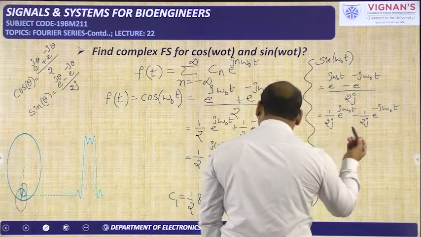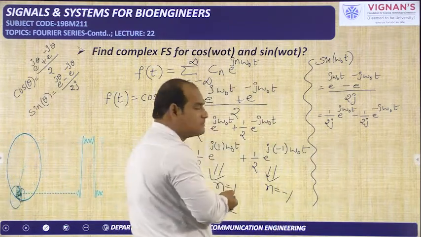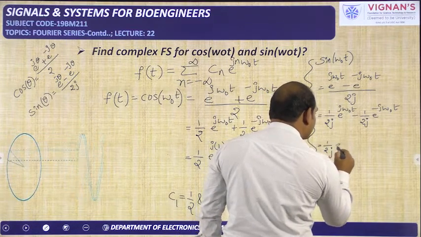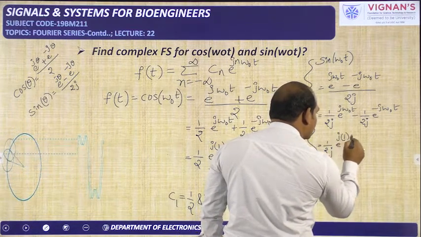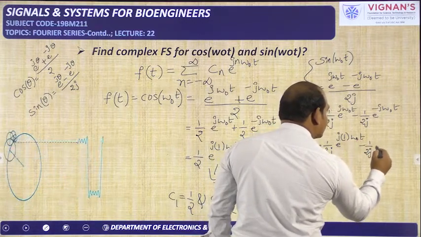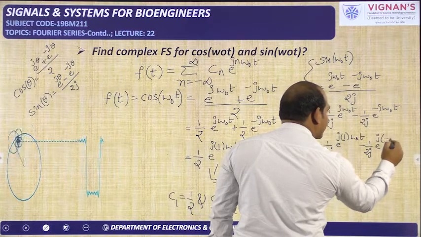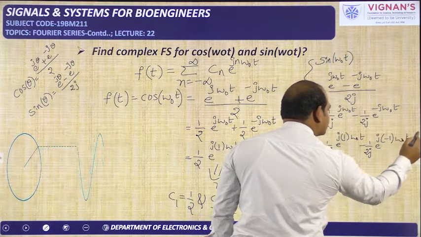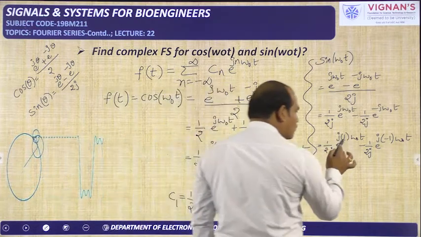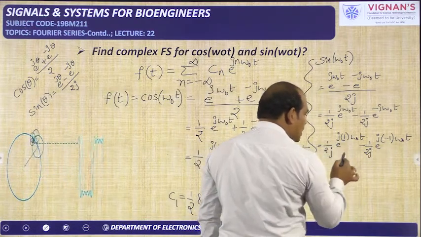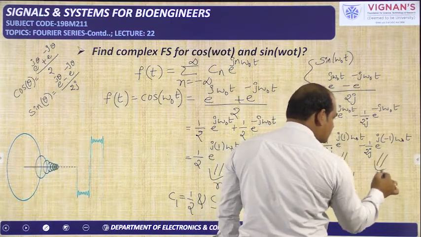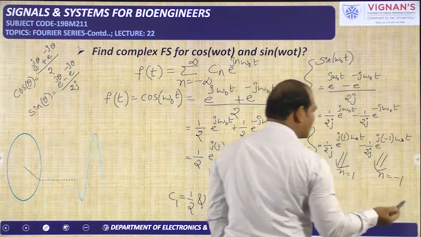And similar to the previous problem, here I am writing 1 by 2j e power j 1 omega naught t minus 1 by 2j e power j minus 1 omega naught t. So in this manner we can write. Here n is equal to 1 and here n is equal to minus 1, similar to the previous one.